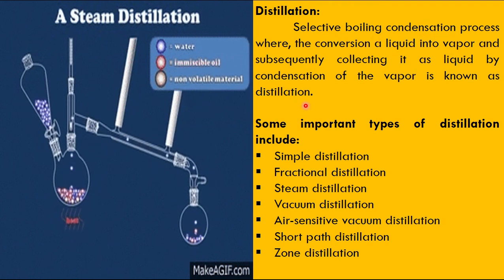This is known as distillation. The commonly available distillation processes are simple distillation, fractional distillation, steam distillation, vacuum distillation, air sensitive vacuum distillation, short path distillation, and zone distillation. The picture here represents steam distillation, where we use dry steam for the separation process.